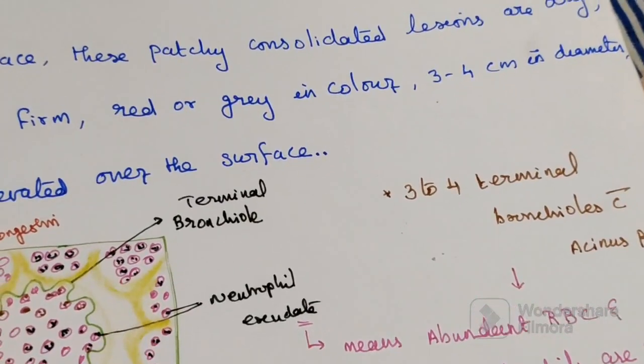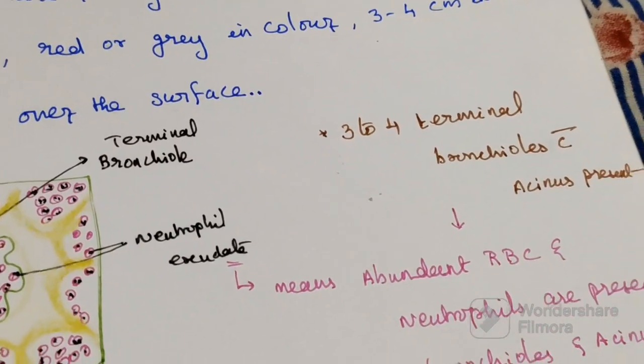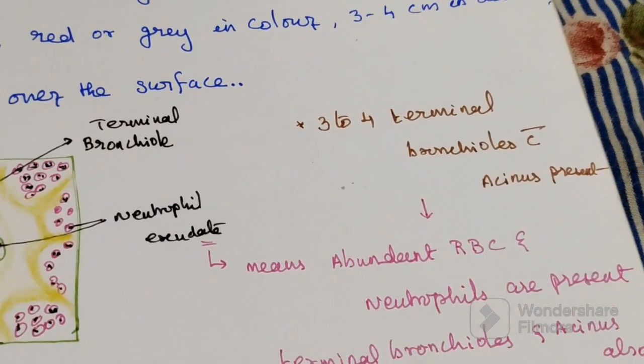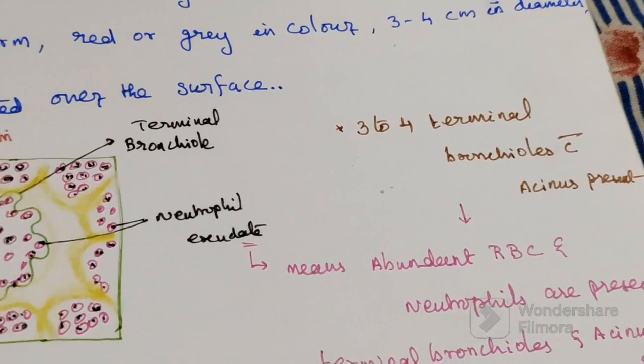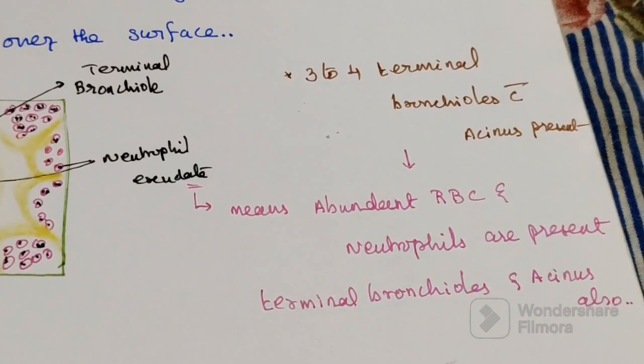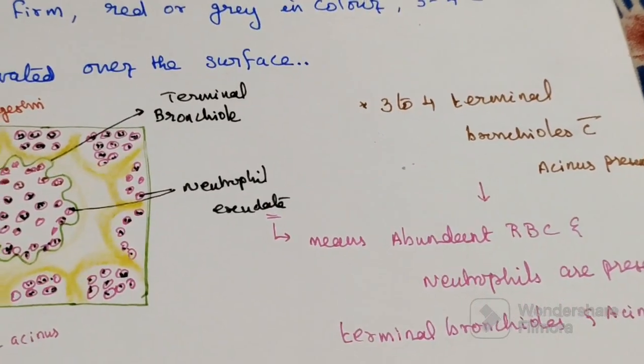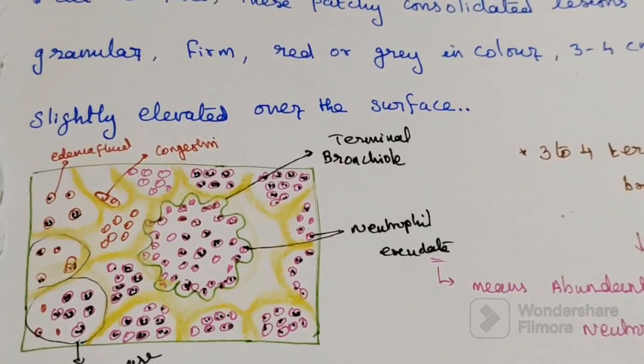Neutrophil exudate is also present. What is the exudate? The presence of RBC and neutrophils. So abundant RBC and neutrophils are present in the terminal bronchioles and acini. So this is all about lobular pneumonia.